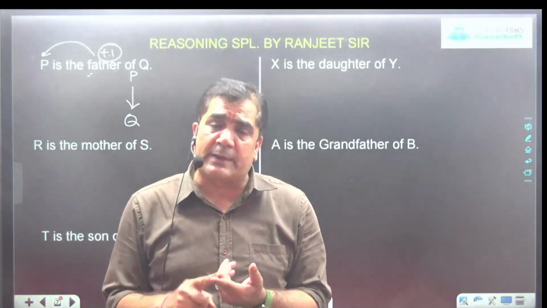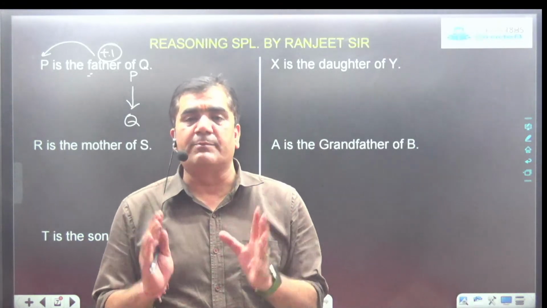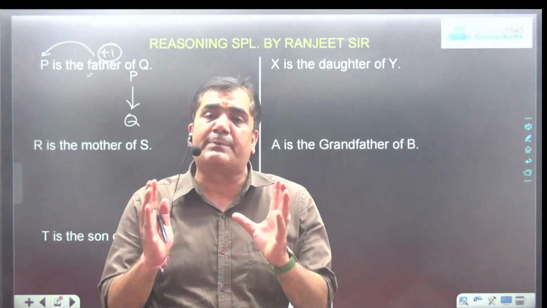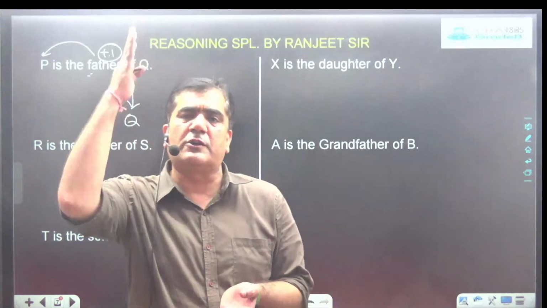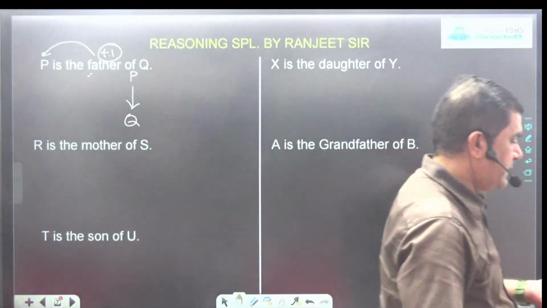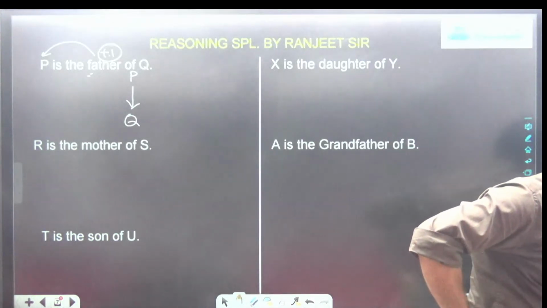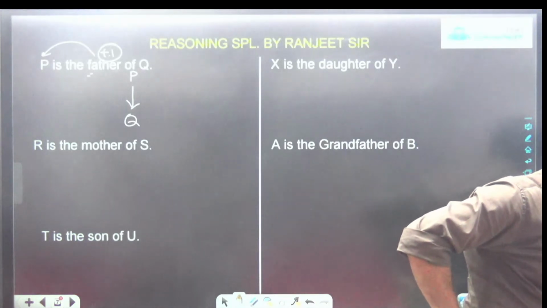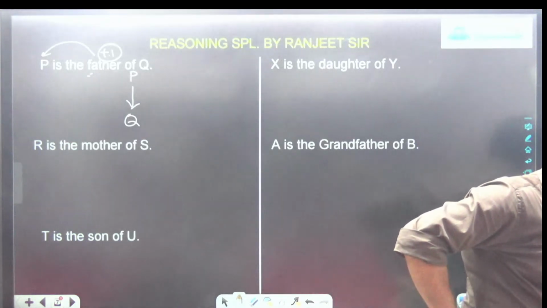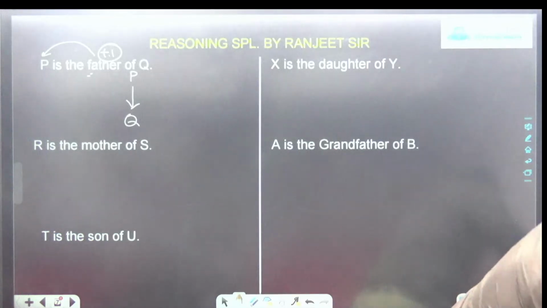I'm giving you the concept first. My thought is very simple: always try to get the concept first, because once you understand it, very easily you can solve all the blood relation questions. Don't worry. Clear? Still nobody is responding. What to do? Clear? Not clear?